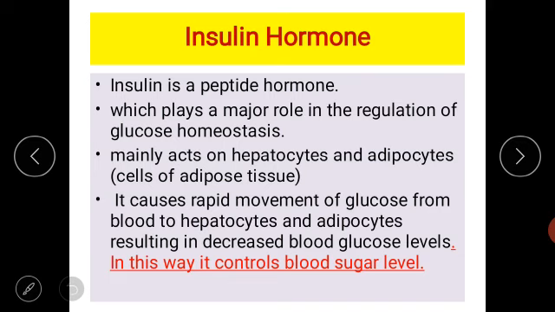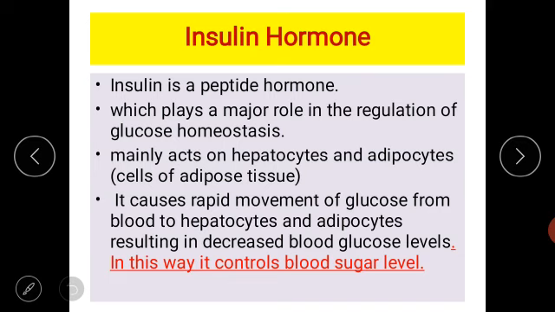Insulin also maintains the blood sugar level, but the difference is that it controls the increased blood sugar level. It brings the high blood sugar level back to normal. So insulin decreases the high blood sugar level to normal.